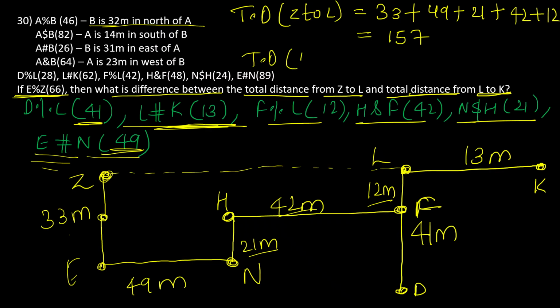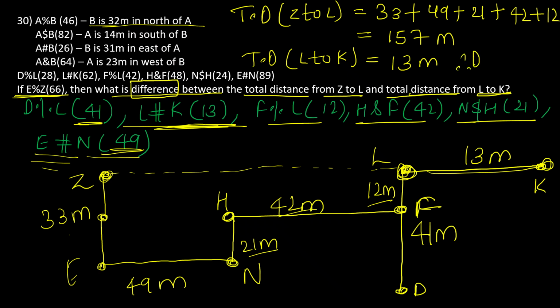Next, they have asked the total distance from L to K. L is here, K is here. So it is 13 meter. Now, they have asked the difference. So the difference will be 157 minus 13.